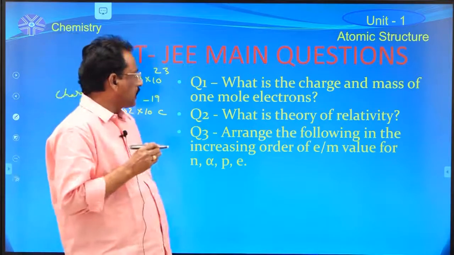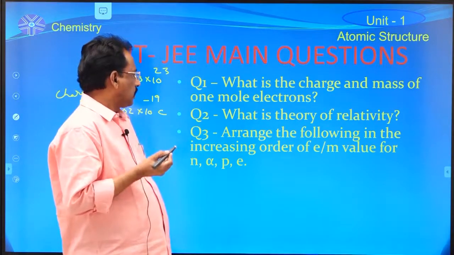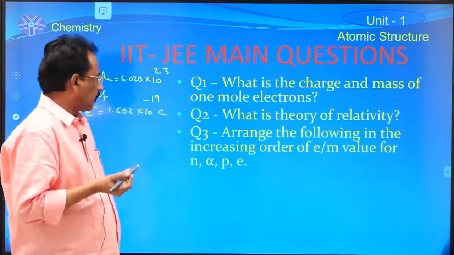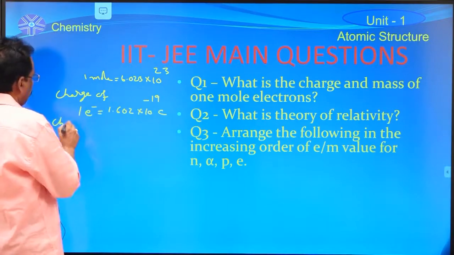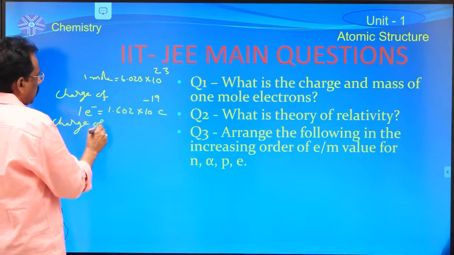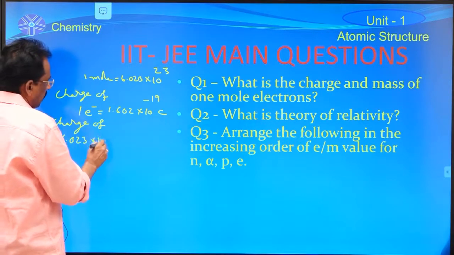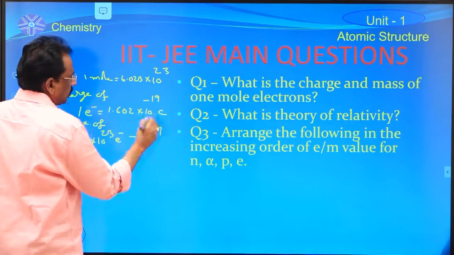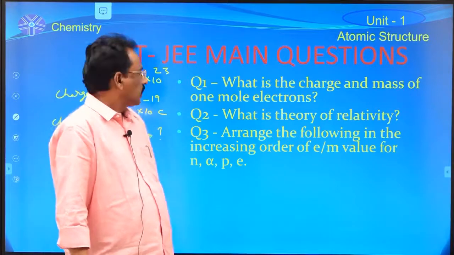Now here the question is, what is the charge present on 1 mole electrons? 1 mole electrons means 6.023 into 10 power 23 electrons. Their charge is how much? That is the question.